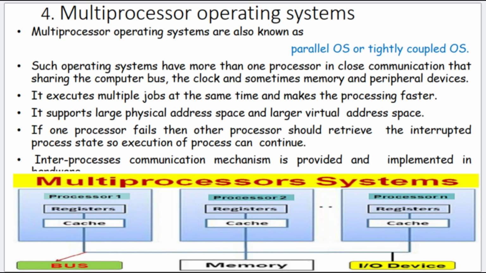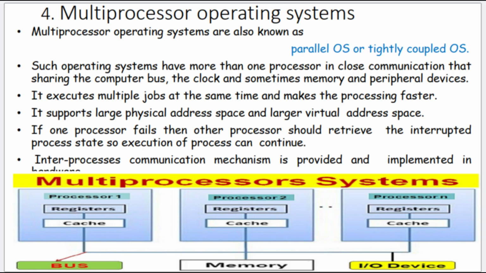Multiprocessor operating systems, also known as parallel or tightly coupled systems. Such operating systems have more than one processor in close communication, sharing the computer bus, the clock, and sometimes memory and peripheral devices.